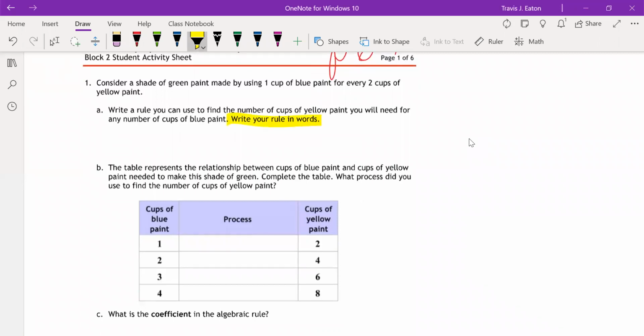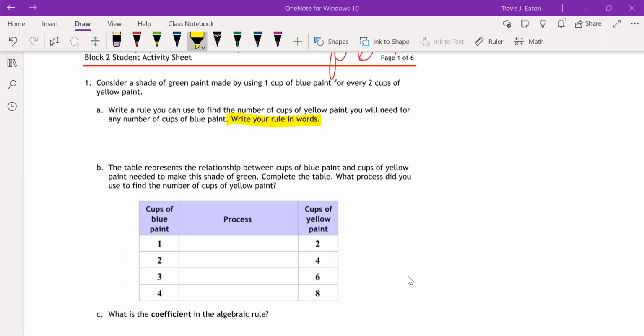So what we want to find out is how much yellow paint we will need if we know how much blue paint we are going to use.